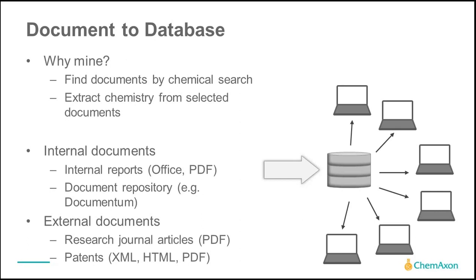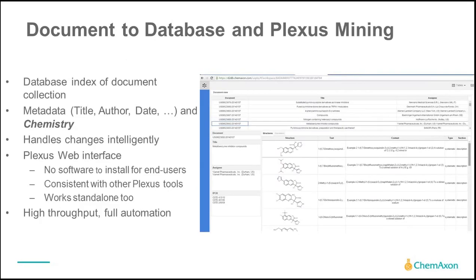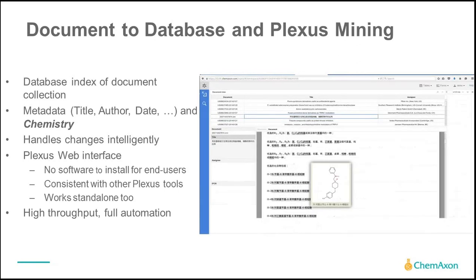Now, on top of Document to Database, what we have built is a very user-friendly web interface, a web client basically, which we call Plexus Mining, which allows scientists to easily search and browse in these document repositories, ask chemical questions in the system and retrieve the answers immediately. And it speaks actually many languages, not just English, but also Japanese and Chinese, as you can probably see in this screenshot.